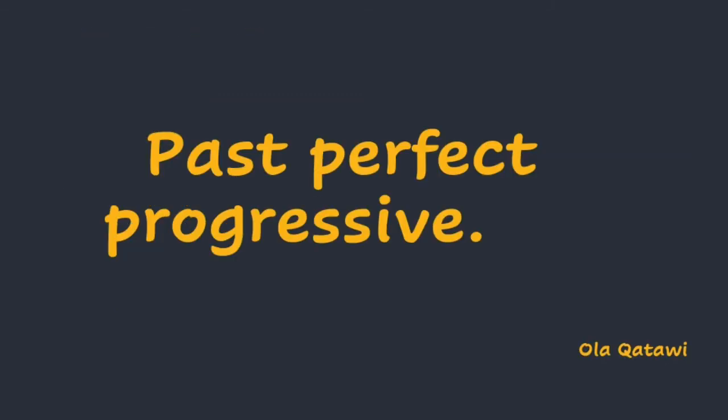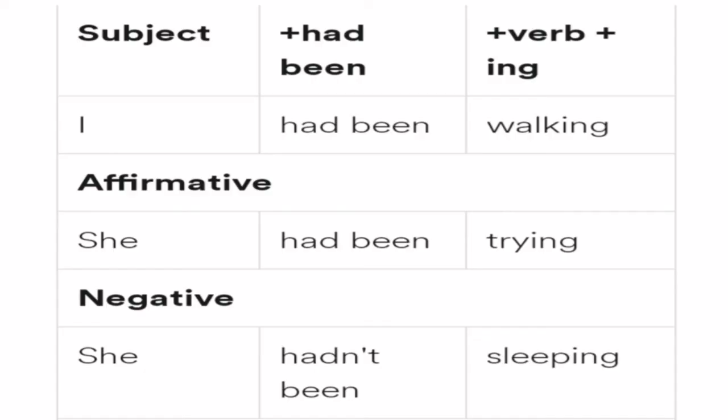Now I'll explain the past perfect progressive. Forming the past perfect progressive. The past perfect progressive is composed of two elements: the past perfect of the verb to be, had been, plus the base plus verb ing. Subject plus had been plus verb ing, like I had been walking.